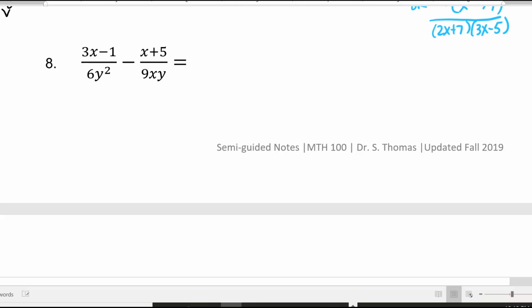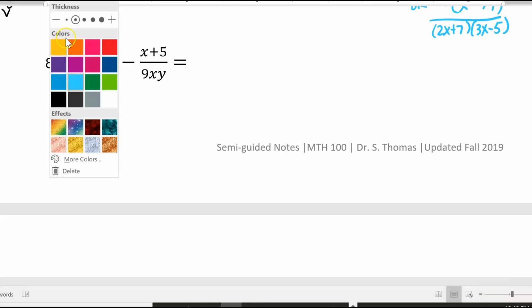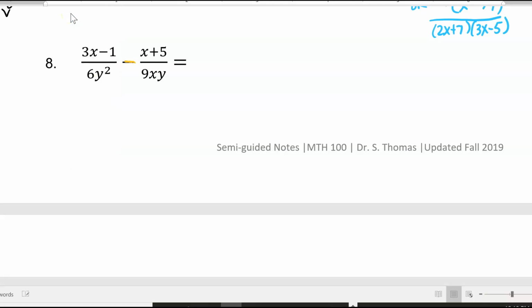Number 8, we have 3x minus 1 over 6y squared minus x plus 5 over 9xy. Here, yes, we do have to be considerate again of this minus sign, but LCD, let's look at the 6 and the 9. What is the lowest number that both 6 and 9 divide into? I would say 18, right? 6 can go into 18. 9 also can go into 18.